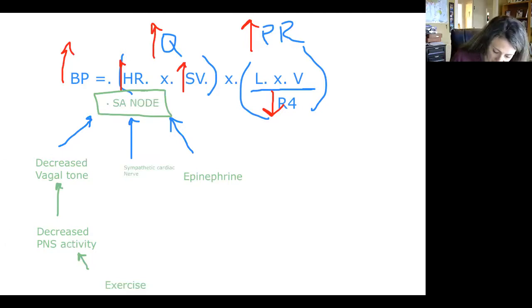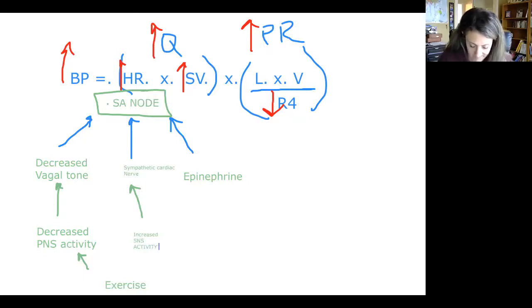Is that part of the sympathetic or parasympathetic nervous system? Sympathetic. Okay, and is the sympathetic nervous system increasing or decreasing its activity during exercise? Increase. Good. So this is increased sympathetic nervous system activity as a response to exercise.